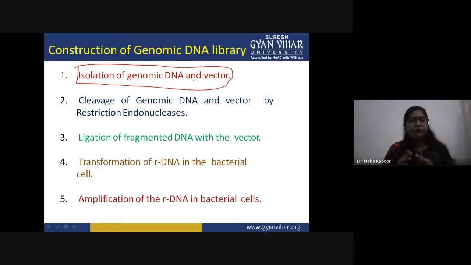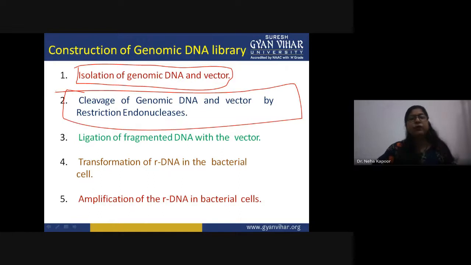Then the second step would be restriction digestion, the cleavage of genomic DNA and vector. Because your next step is gene cloning or recombinant vector preparation, we need to digest the genomic DNA as well as the vector with the same kind of restriction endonuclease.